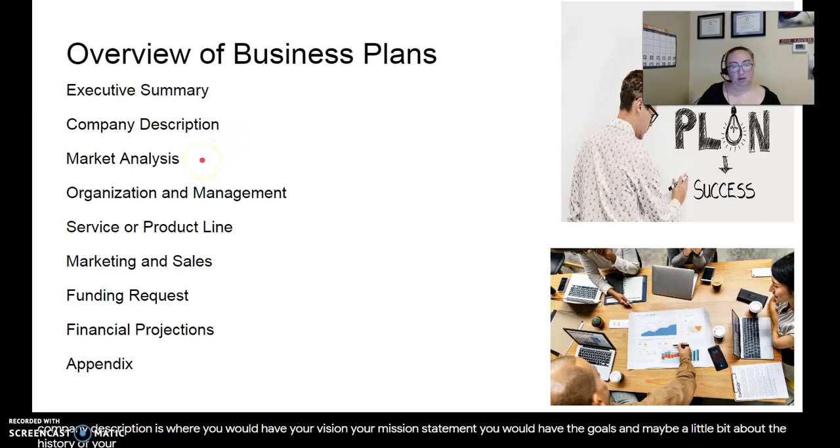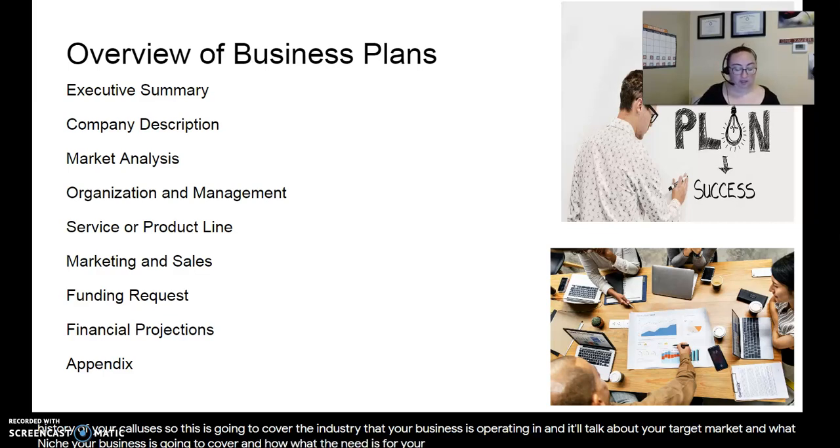The next section, market analysis. This is going to cover the industry that your business is operating in, and it'll talk about your target market and what niche your business is going to cover and what the need is for your business. Next is the organization and management section.